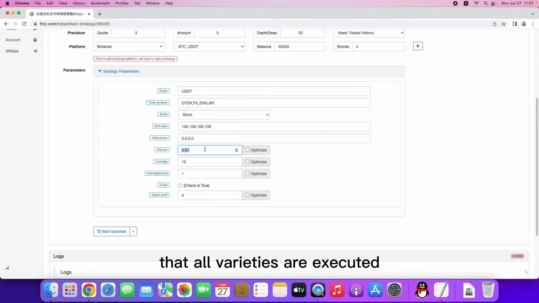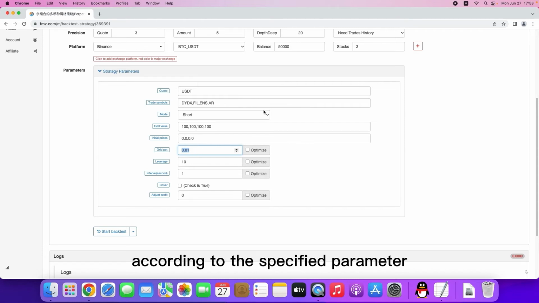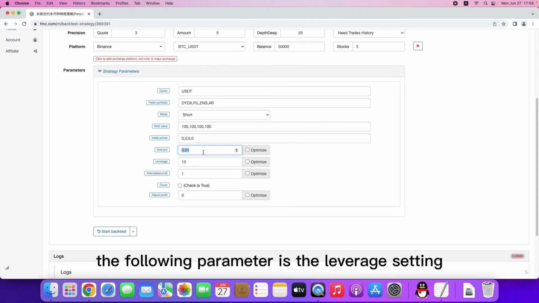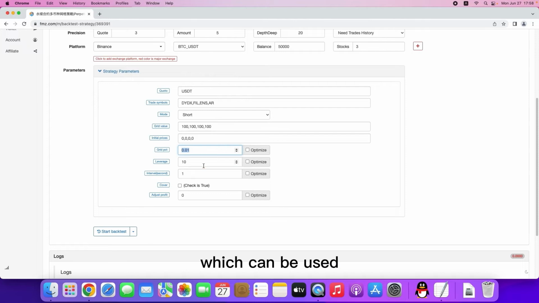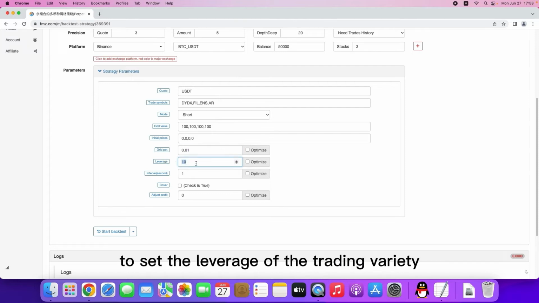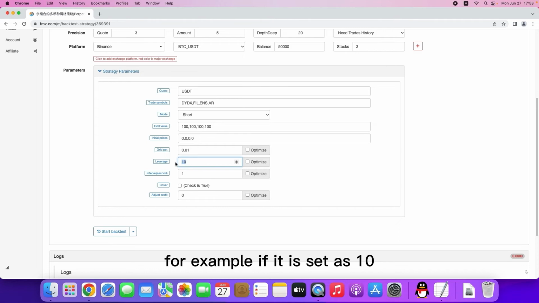That is, all varieties are executed according to the specified parameter as the grid spacing. The following parameter is the leverage setting, which can be used to set the leverage of the trading variety. For example, if it is set as 10, it is 10 times the leverage.